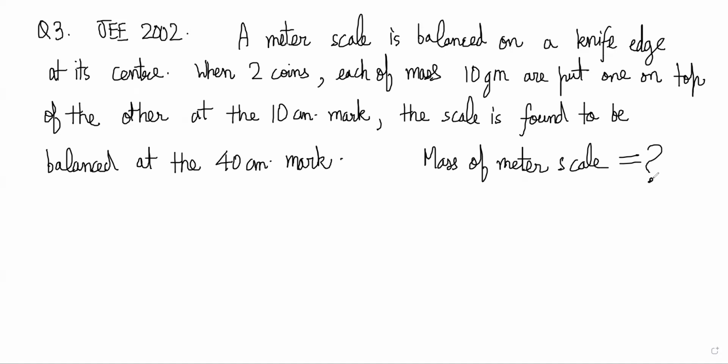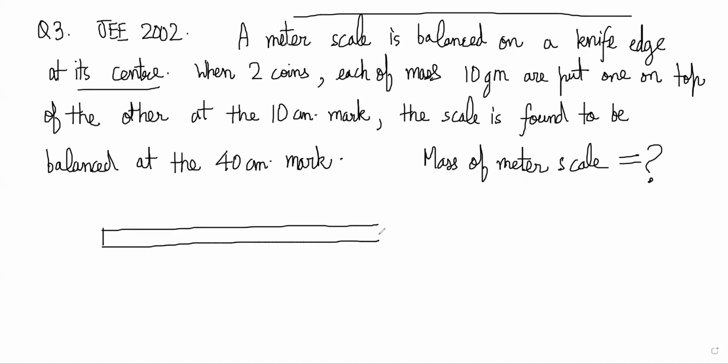Okay, so again, pretty straightforward question here. Let's look at what is happening here. Earlier, the meter scale was balanced on a knife edge at its center. So this is a meter scale, let's say. This is the center mark, which is the 50 centimeter mark, and it was balanced here earlier.